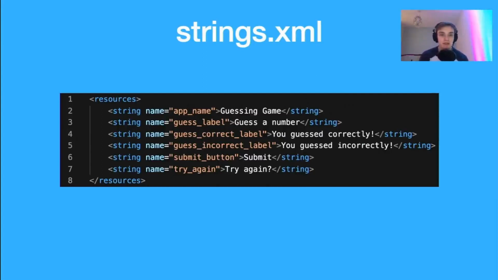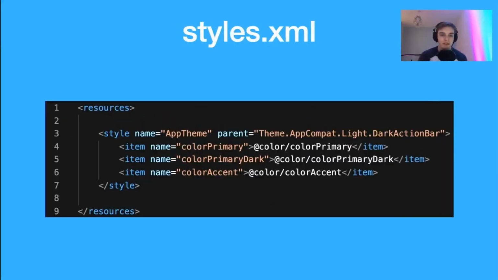This means that we can also update all of the strings in one place. So let's say you're referring to a certain name for something. Rather than having to hard code that in 5 different places, we just put it in here, and if we have to update our app at any point, we can change that really easily. And lastly, we have the styles, which is where we can change the theme of our app, including stuff like dark themes if we decide to.